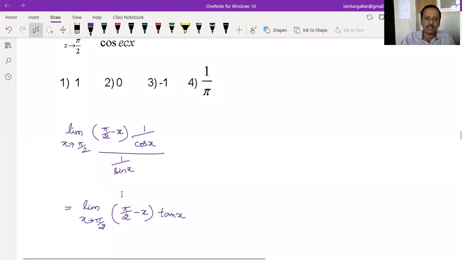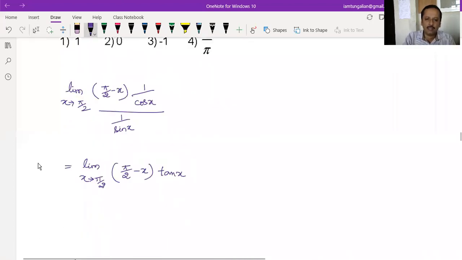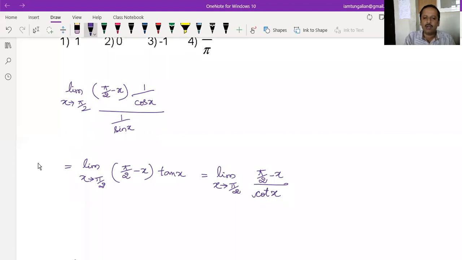I can write it like this: limit x tends to pi by 2, pi by 2 minus x divided by cot x. This tan x, I am taking to the denominator, so it will become cot x. 1 by tan x is nothing but cot x.